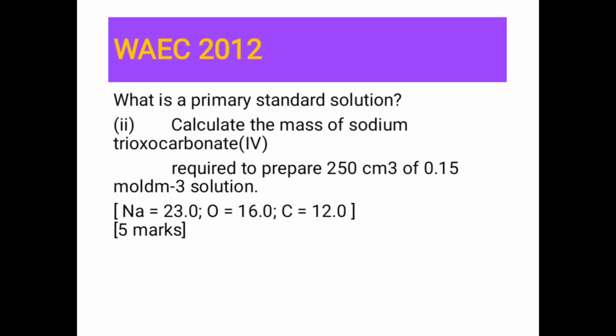That's 250 over 1000, so that's 0.25 dm³. So you can see n is equal to 0.15 times 0.25. Then you get your n. Then by getting your n, you can now get your mass by multiplying by the molar mass, that's 106. Then you get the mass.